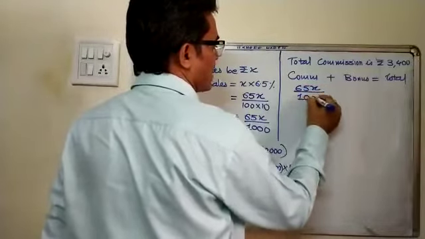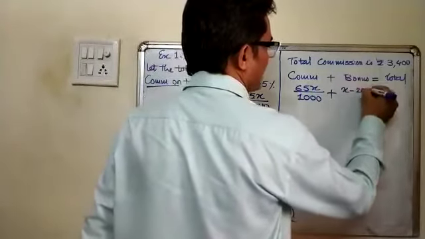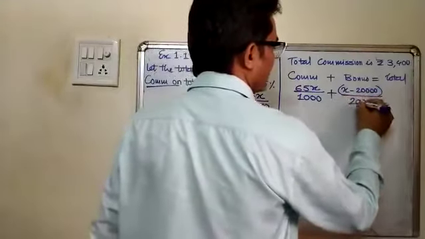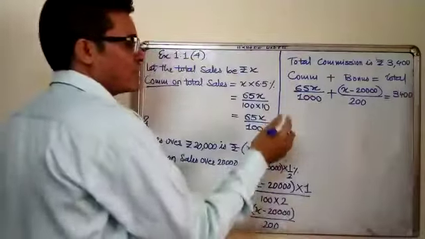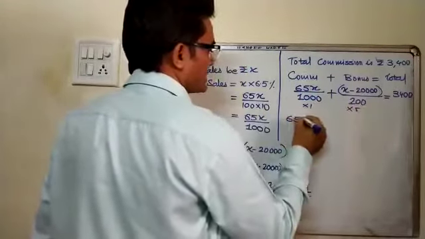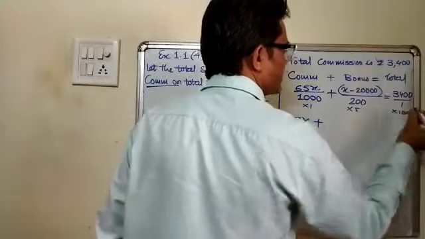So commission 65x upon 1000 plus bonus X minus 20,000 upon 200 is equal to 3,400. By doing the LCM, we got 65x. Here we multiplied by 1000.